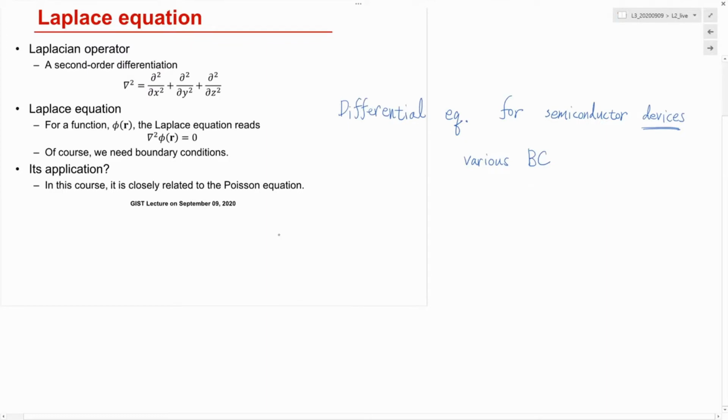Let's say we are talking about just a two-dimensional box, and there is another same-size two-dimensional box, and you want to analyze these two different devices. This one has terminals here and there.